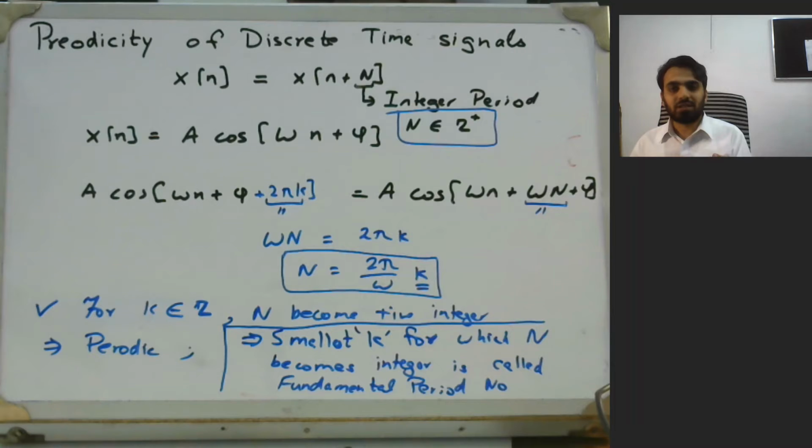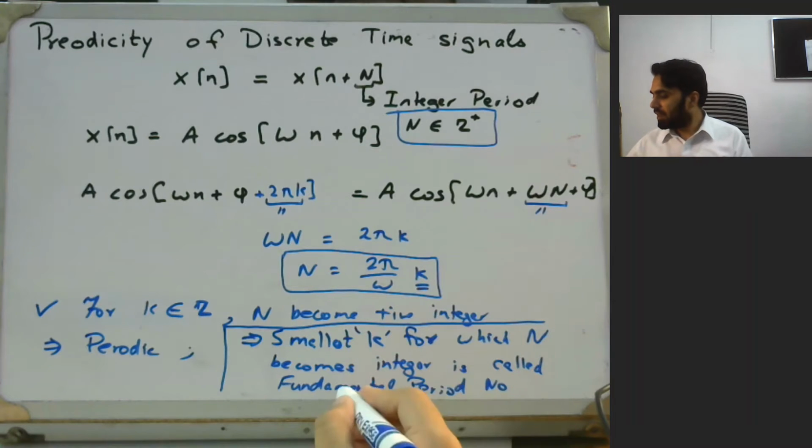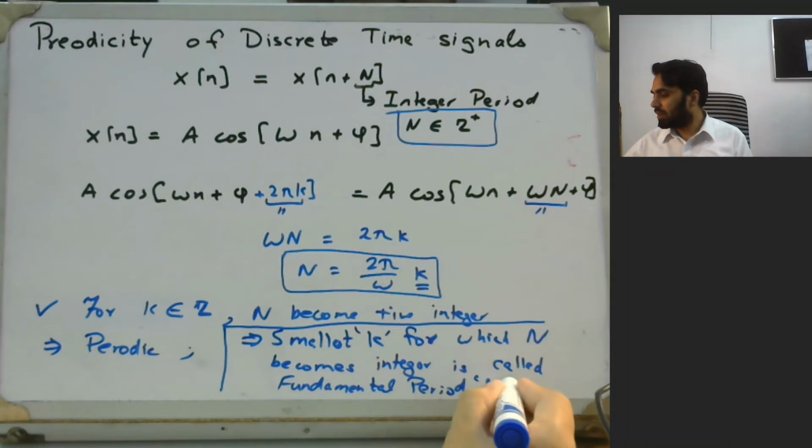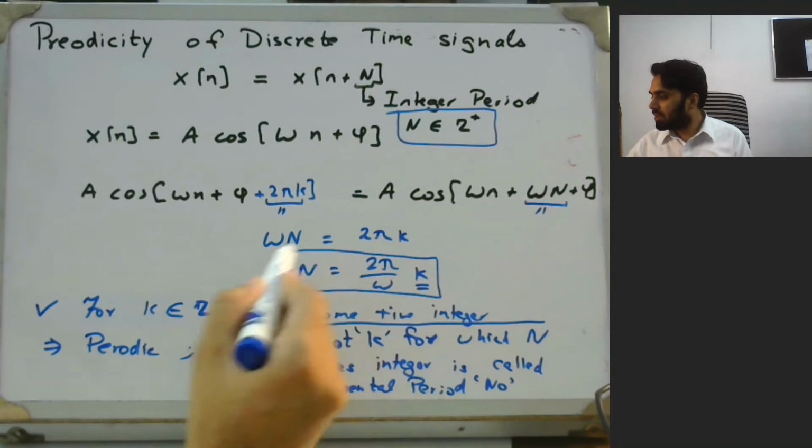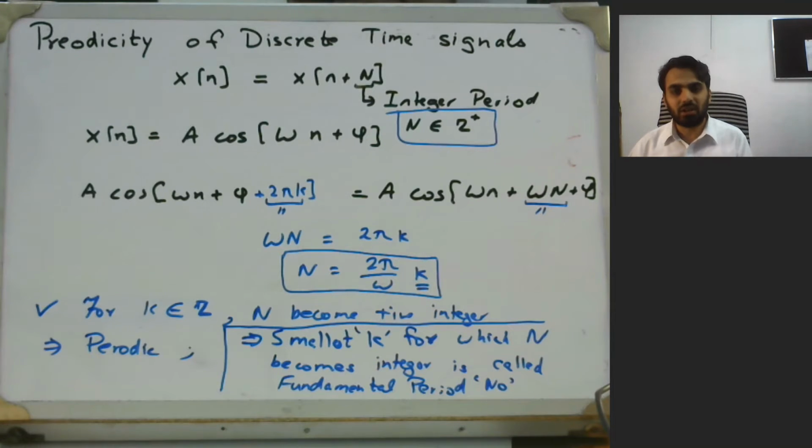So based on that k, we can find the fundamental period that we call N naught. So the smallest value of k which will make this expression an integer value would give the fundamental period. Let us see one example and look into this further.